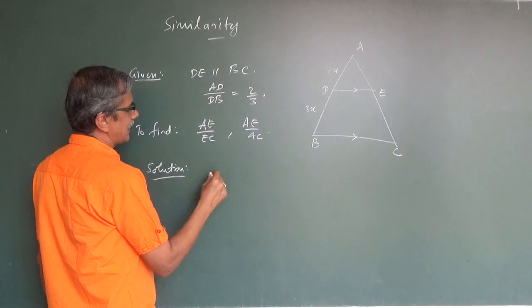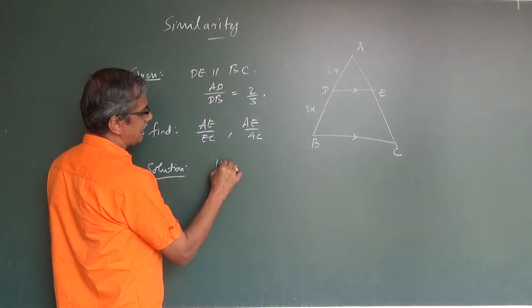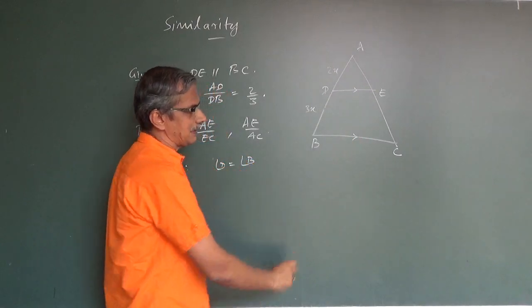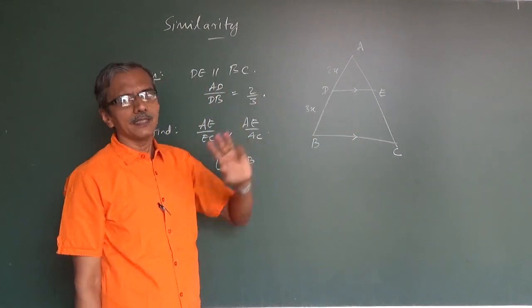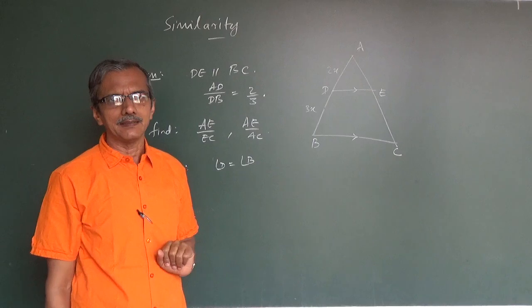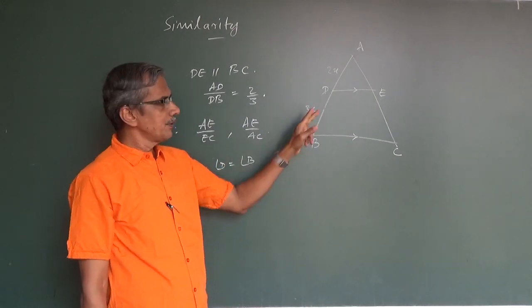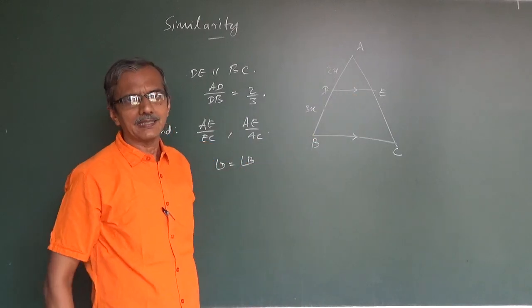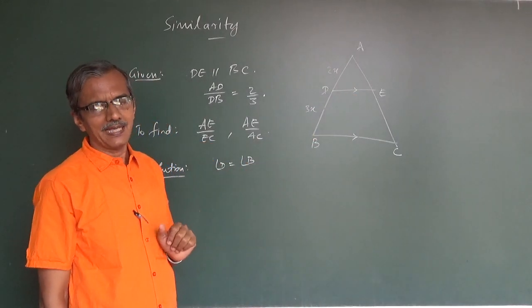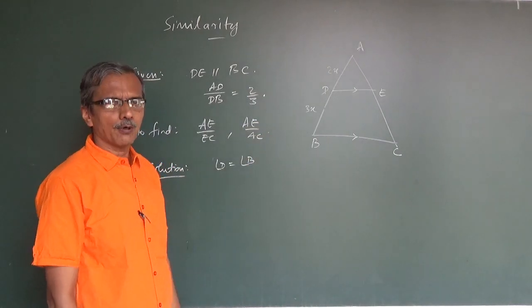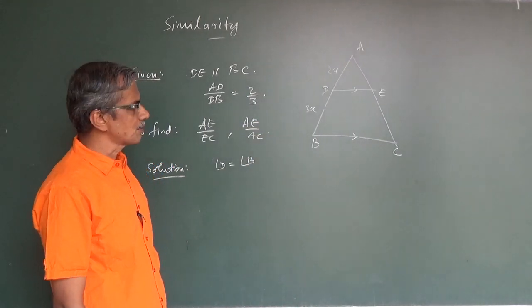Angle D is equal to angle B. Whenever you see two parallel lines anywhere, you have to think of two similar triangles in that. As soon as you see two parallel lines, immediately the concept of similarity should strike you.